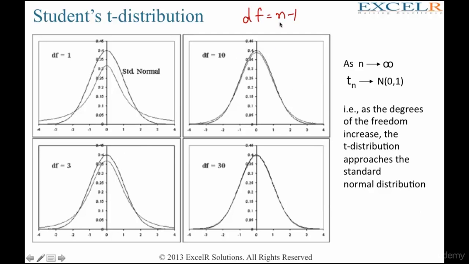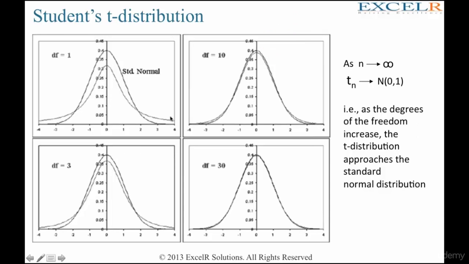As and how I keep increasing the sample size, degrees of freedom would also increase. If I increase the sample size to 10, 10 minus 1 would be 9. If I increase the n value to 20, 20 minus 1 is 19. So as I increase the n value, the corresponding degrees of freedom also would increase.